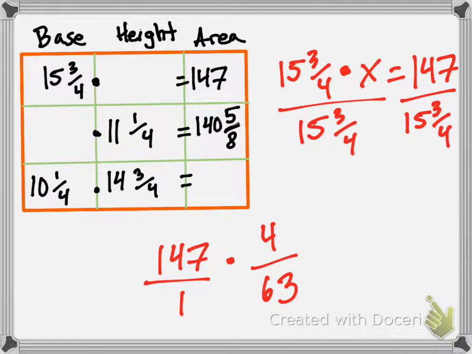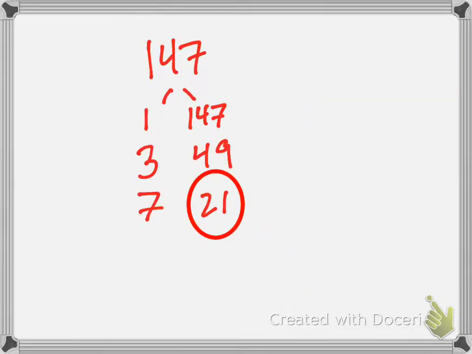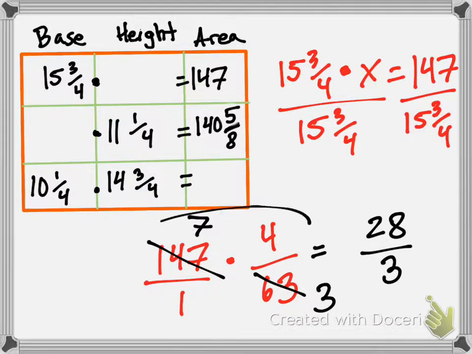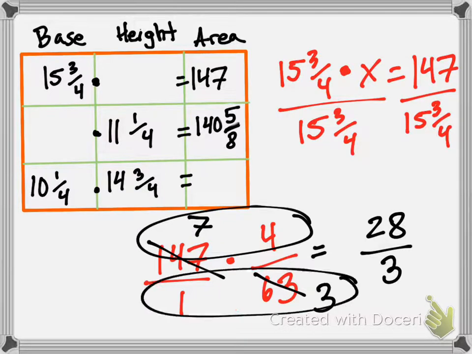Yes. So we're going to cancel out each of these and divide them by 21. 147 divided by 21, we got 7. Then 63 divided by 21, we get 3. So now we get 28 over 3 as our answer because we've multiplied across.